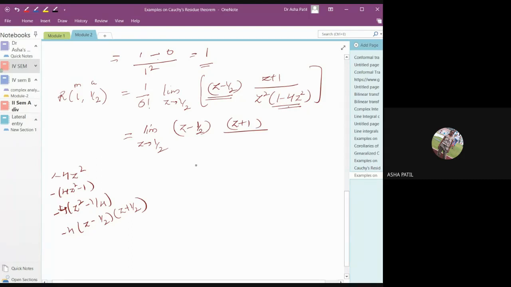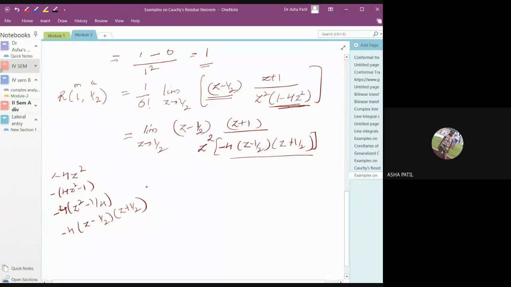So what we have, we'll write it as minus 4 into z minus 1 by 2 into z plus 1 by 2. This term, z square, I forgot, z square into this 1 minus 4z square, we have simplified it in this form. It is minus 4 into z minus 1 by 2 into z plus 1 by 2.